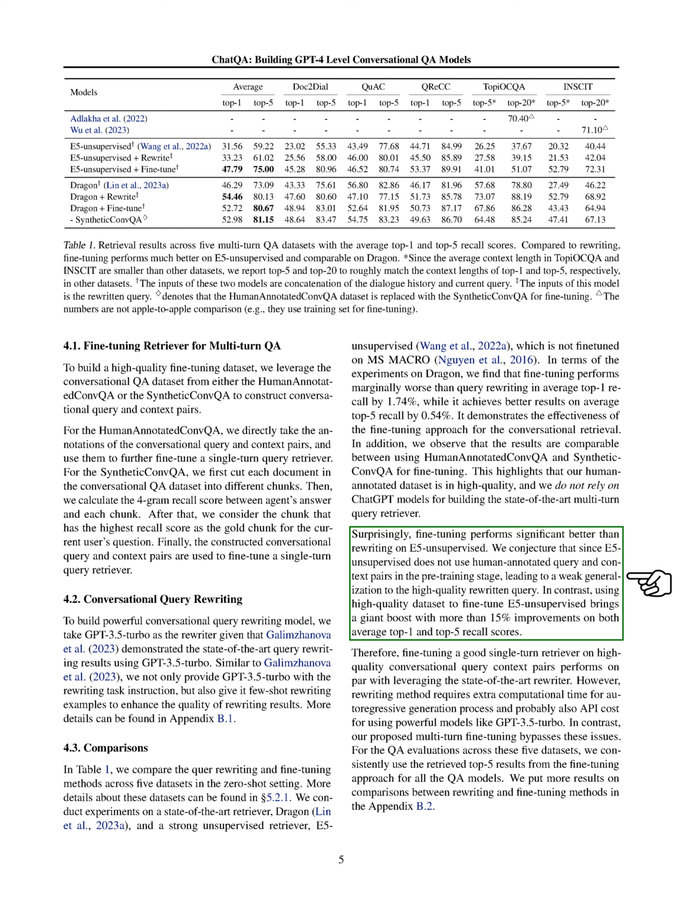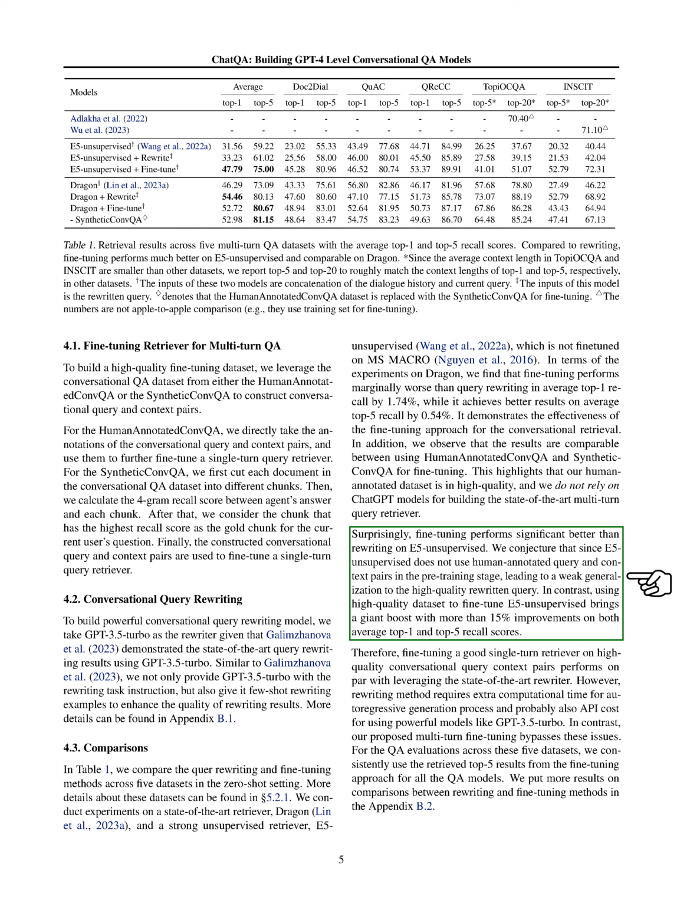Interestingly, we found that fine-tuning performed significantly better than rewriting on the E5 unsupervised model. We think this might be because E5 unsupervised doesn't use human annotated query and context pairs during the pre-training stage, which could limit its ability to generalize to high-quality rewritten queries.